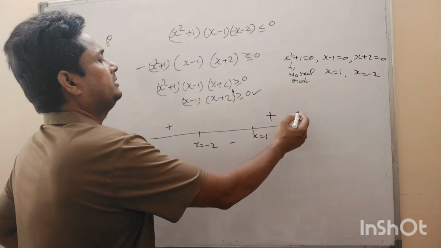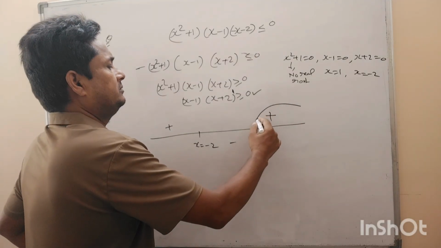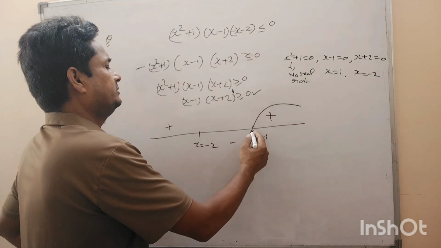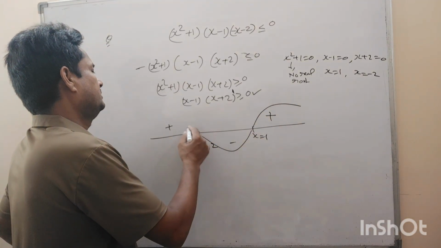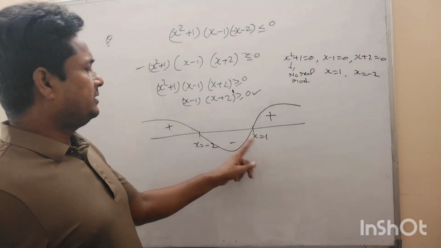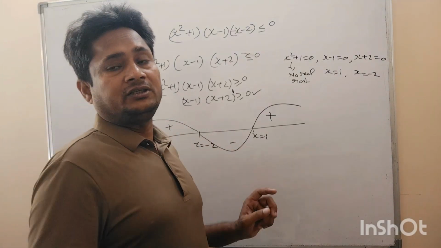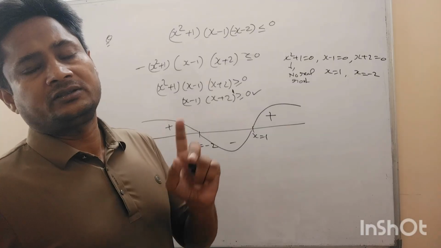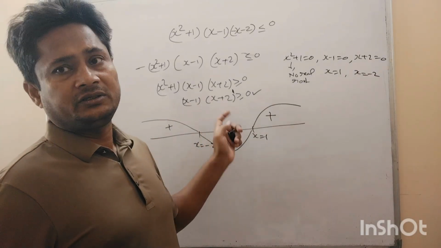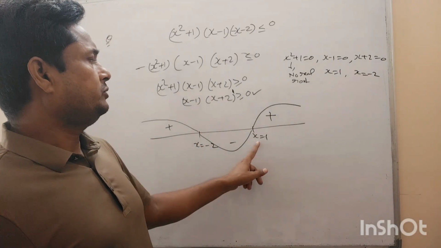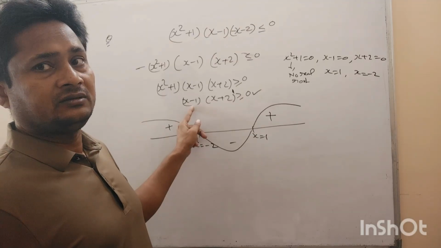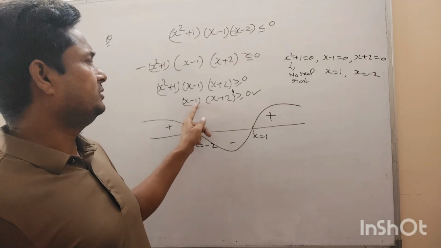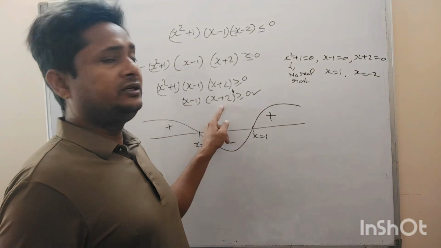Now make the wave like this. Here 1 and minus 2, you have to check whether these two roots satisfy the inequality or not. If you put x equals 1 here, 1 minus 1 will be 0.